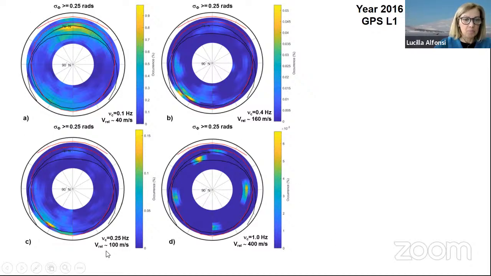This is an attempt that you can see with different cutoff frequencies. At 0.1 Hertz, set by default by the receiver, this is the picture in geomagnetic latitude coordinates, with the moon at the top, of the occurrence of phase scintillation greater than 25 radians.